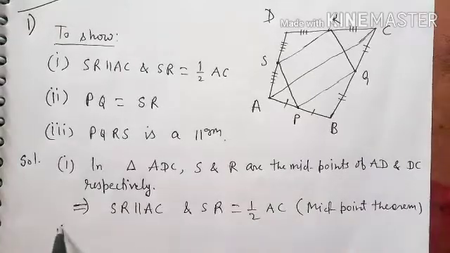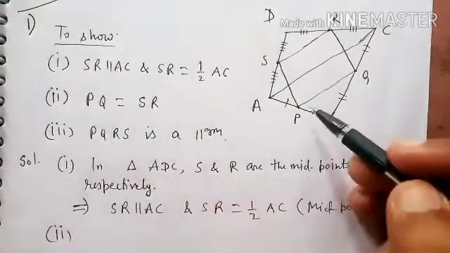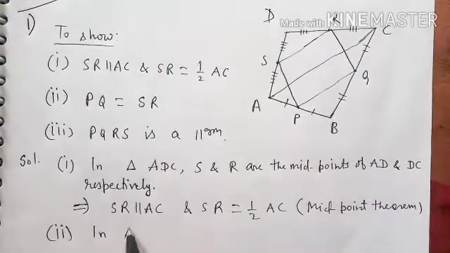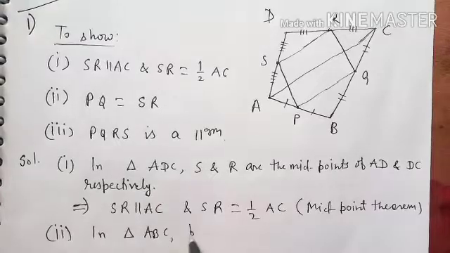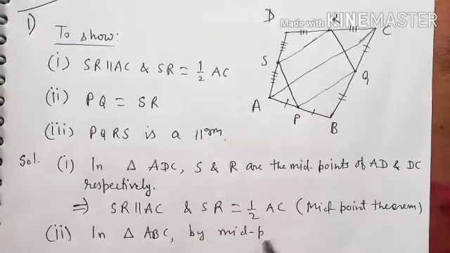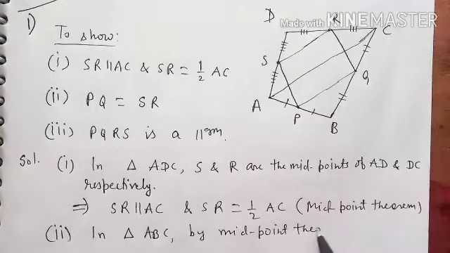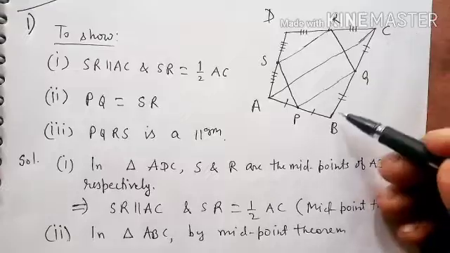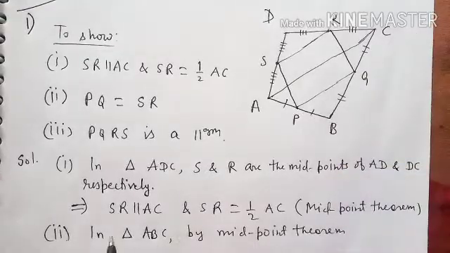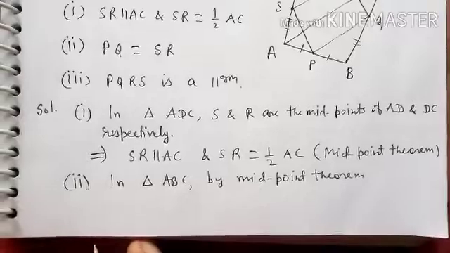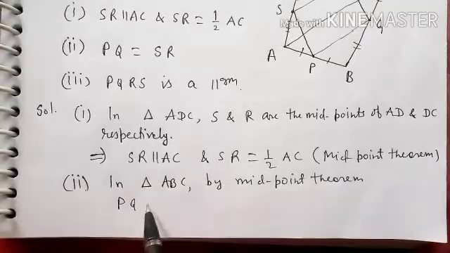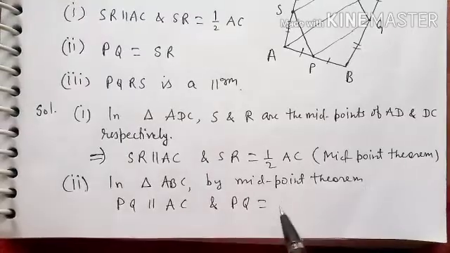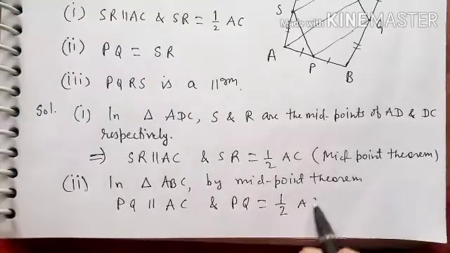Now second one, here we have to prove PQ is equal to SR. So in triangle ABC by midpoint theorem, here also P is the midpoint of AB, Q is the midpoint of BC, therefore PQ is parallel to AC and PQ is equal to half of AC, right?